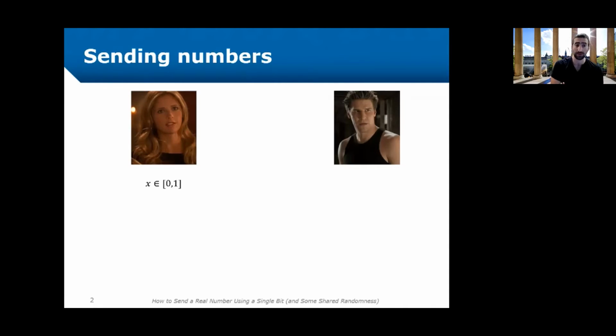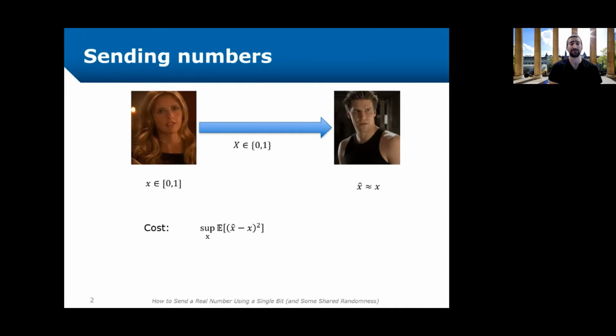She wants to communicate it to Angel, but she can only send a one-bit message, capital X. Angel then wants to estimate the input number, and the goal of this protocol is to minimize the cost, which we define as the expected squared error of the estimate taken for the worst case input X. In some cases, we would also want the estimate to be unbiased, in which case optimizing the cost is the same as minimizing the variance.